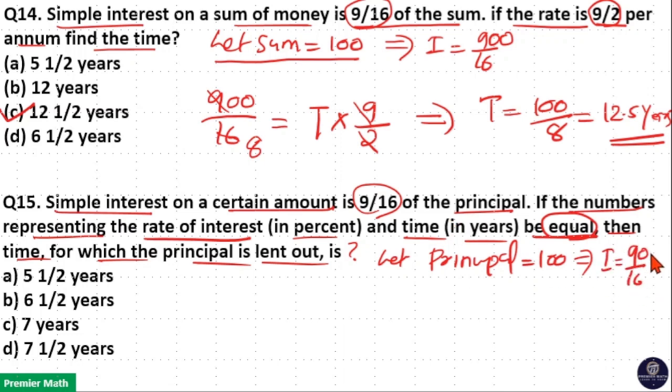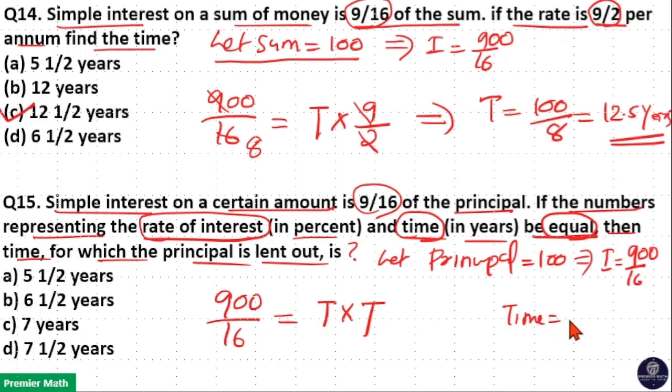So 9 by 16 into 100 is 900 by 16. So this interest 900 by 16 is formed by T years at a rate of T, because the rate of interest in percent and time in years are equal. So here time is equal to rate.